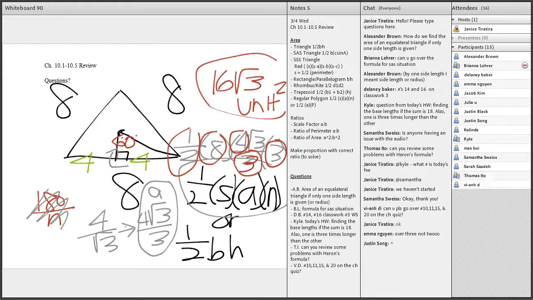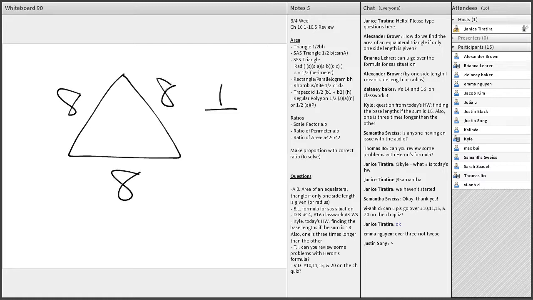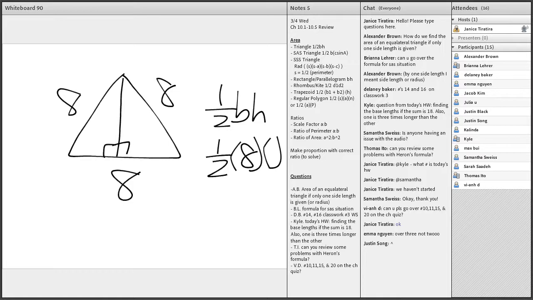Final answer. Now, if I wanted to do 1/2 base times height, I'll get the same exact answer, 16 rad 3. So a totally different way is 1/2 base times height. I already have the base. I will cut this equilateral triangle in half, and this makes it 30 degrees up here and 60 degrees down here.